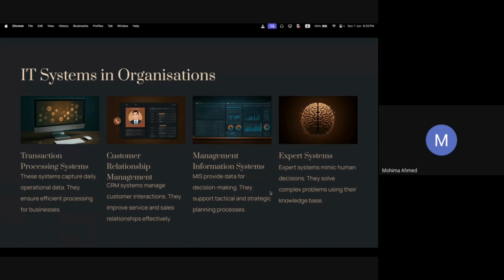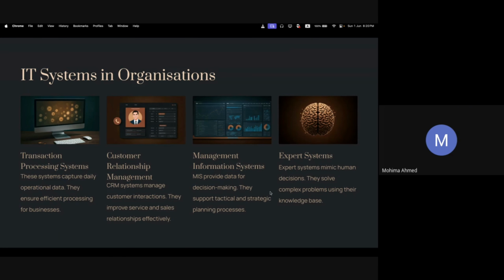Then comes customer relationship management. It's a type of system where they mostly interact with the customer. They help to improve service and sales relationships effectively, right? For example, a large organization has a lot of employees working in a call center, right? That is a part of customer relationship management.